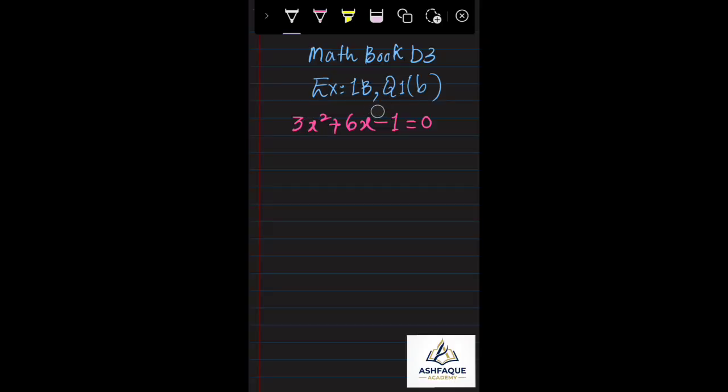Now we have another part of question number 1, that is 3x square plus 6x minus 1 is equal to 0. First of all, we have to check whether it is a perfect square or not in the form of the discriminant, that is b square minus 4ac. So a equals 3, b equals 6 and c equals minus 1.